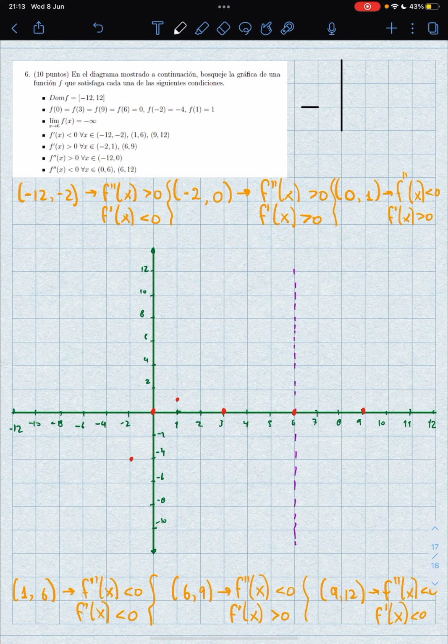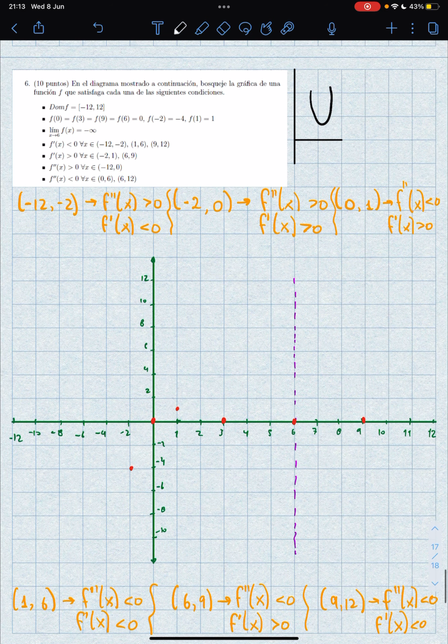If I have this function, I'm just gonna do it on this side, okay? Imagine that we have this function. This means, first of all, that f double prime of x is gonna be greater than 0, okay?